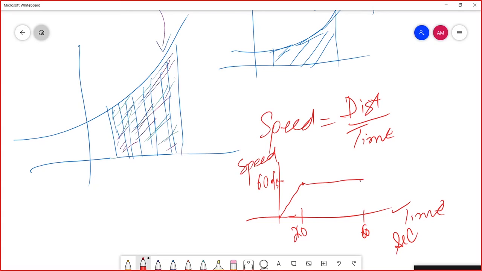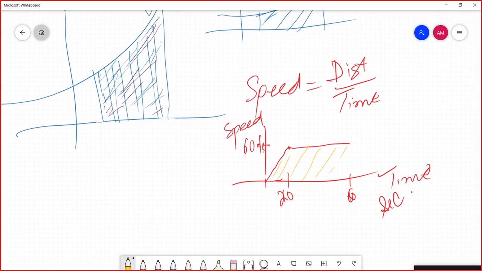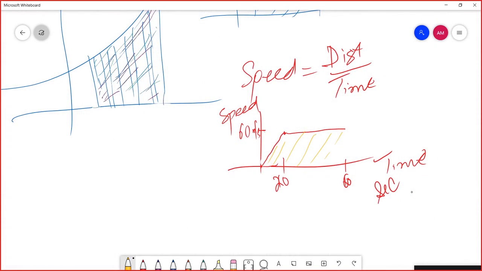Now, if you take the area under this curve, what will this area give you? Any idea? Let's see what this area gives. You know that integration would give us this area, right?